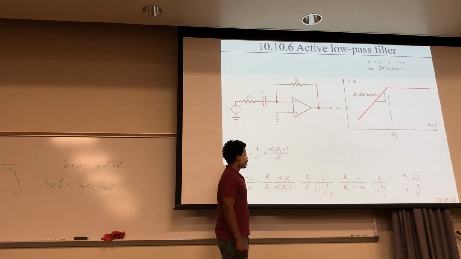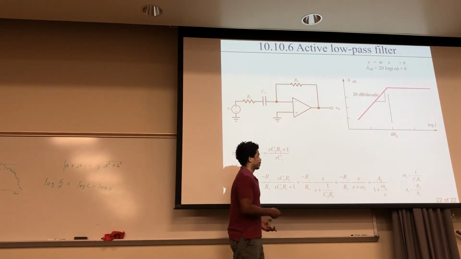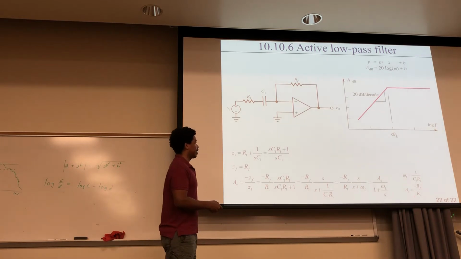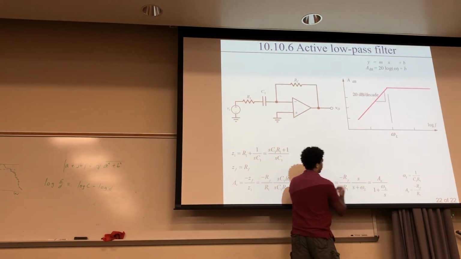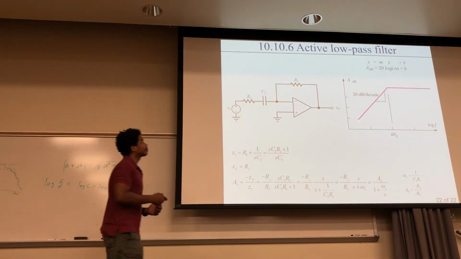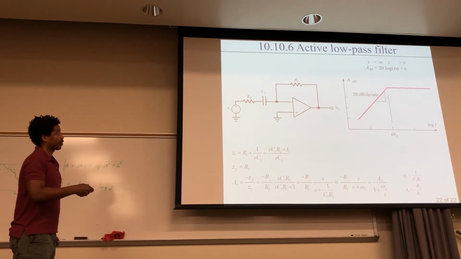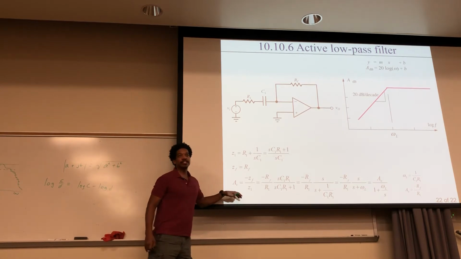Once it's in that form, we can pick off what omega L is. In this case, it's 1 over C1 R1, and A is RF over R1. And this A right here is just this right here. So here's your A0 right there, and this right here becomes your 20 decibels per decade for your slope. Okay, any questions?